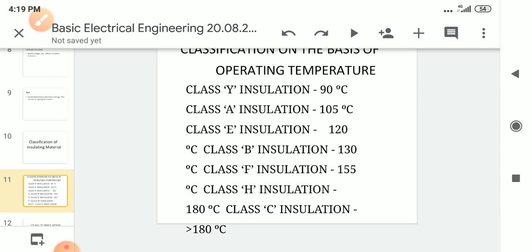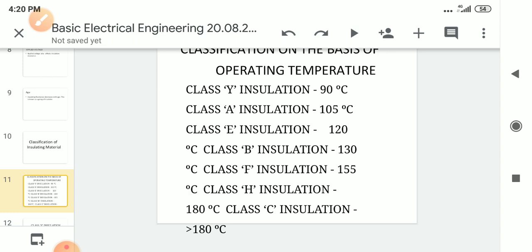See here, this is wood. For example, wood is a very good insulating material, but after 90 degrees centigrade, what will happen? The wood may burn. It becomes ash due to the high temperature. That's why it is not suitable for more than 90 degrees centigrade. Cotton also may catch fire, right?